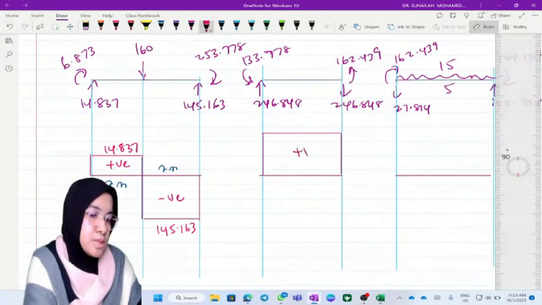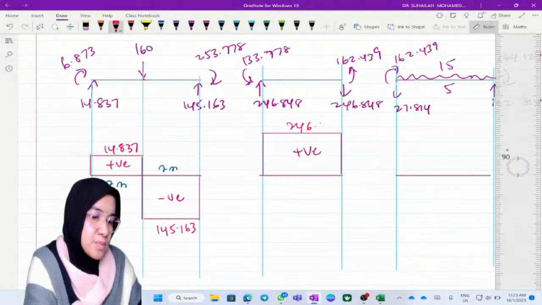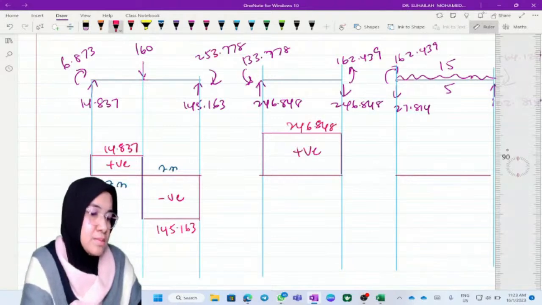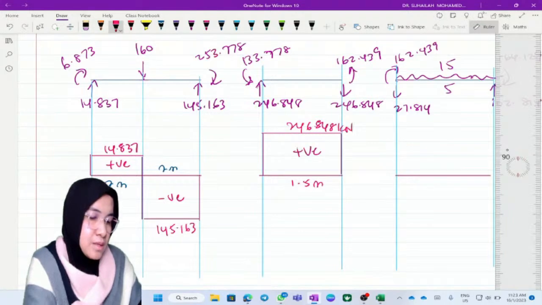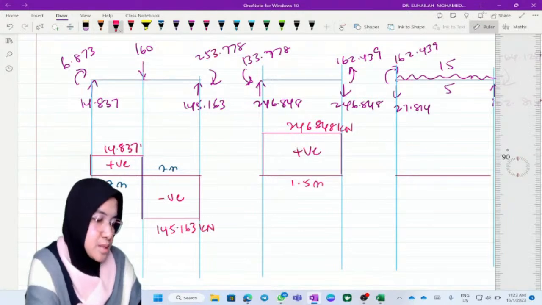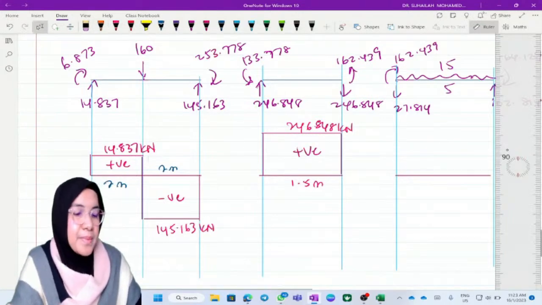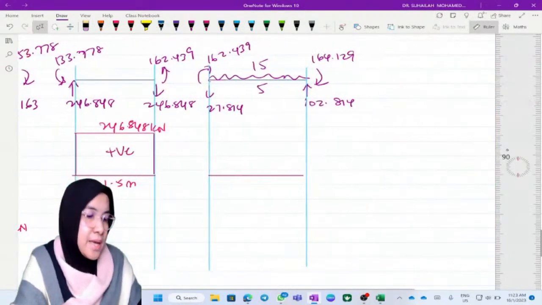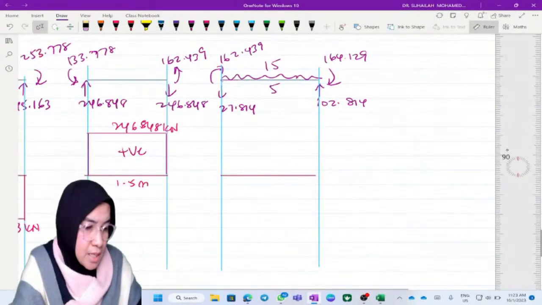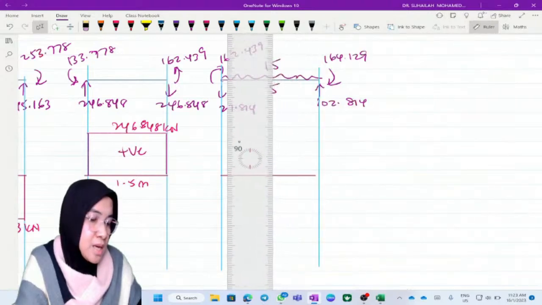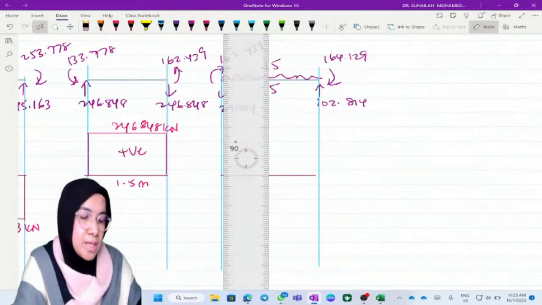Okay, so this is positive. The value is 246.848. The length is 1.5 meter. This is kilonewton.